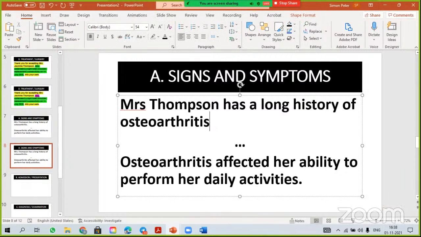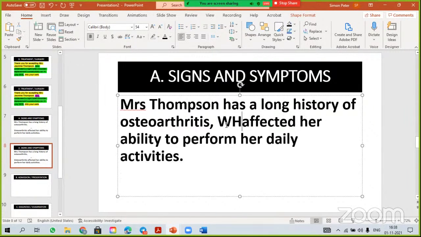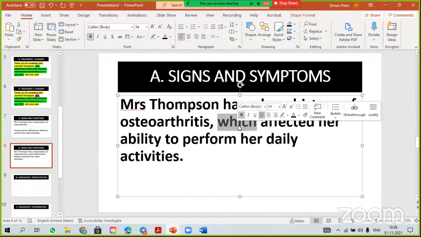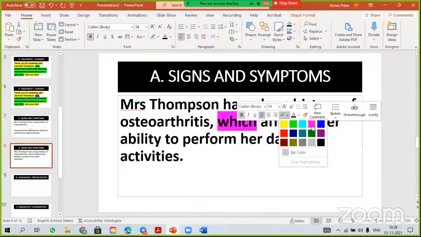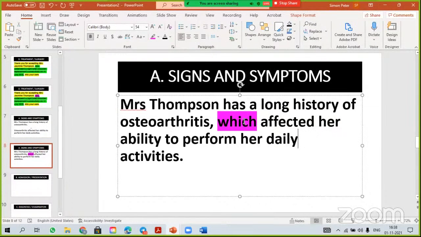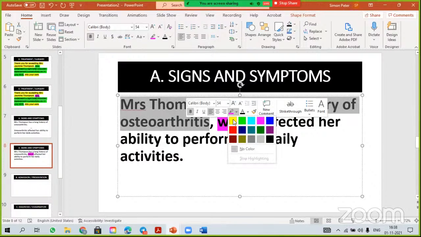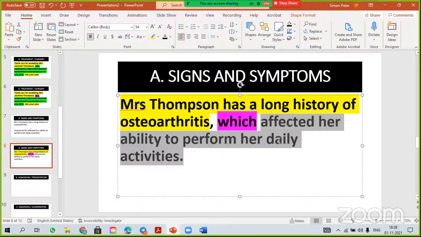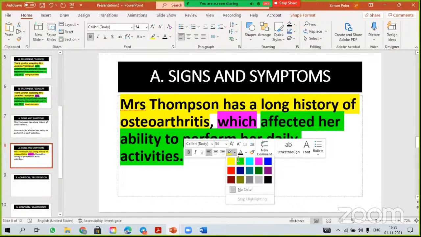So remove this, put comma. Osteoarthritis is repeated. So instead of repetition, you say which. Okay, fine, that's it. So which is the second one. So this is the first sentence before the comma, that is yellow. And this is the second sentence after the comma, that is green.